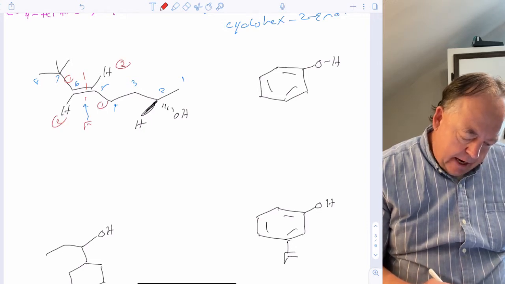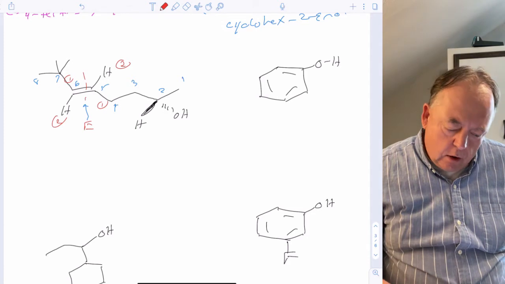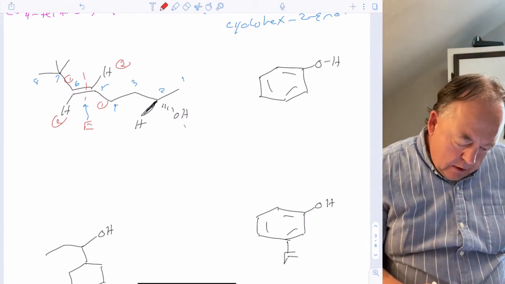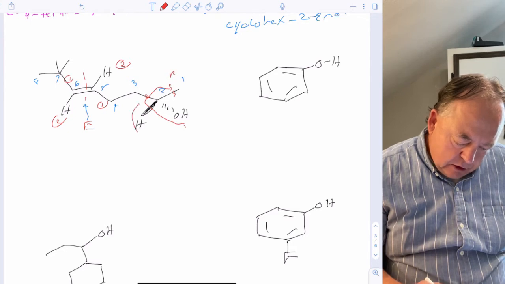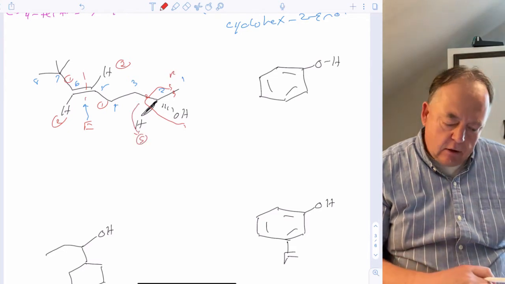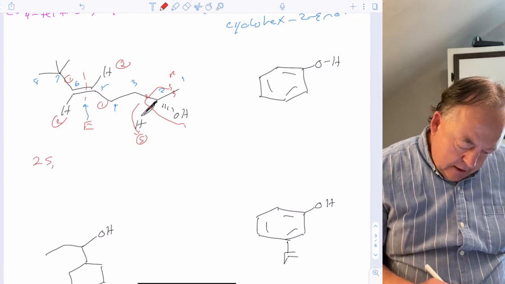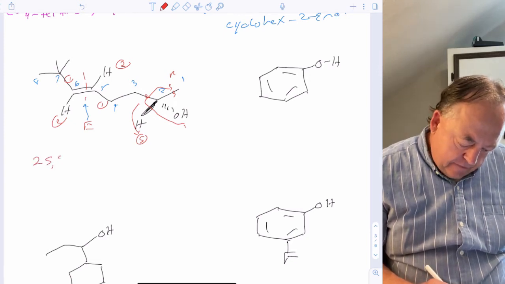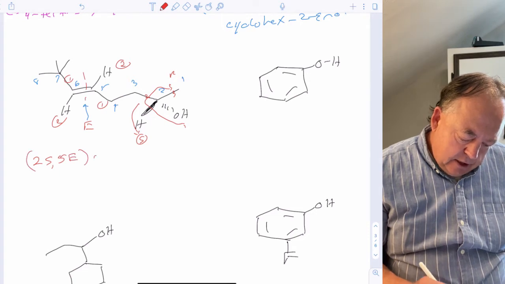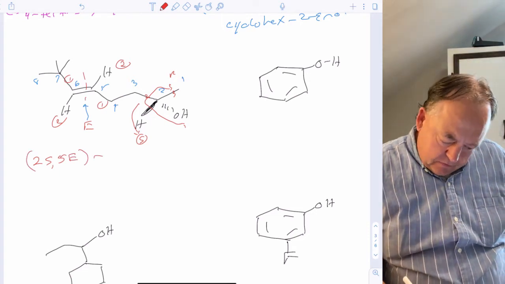So that's an E alkene. And in terms of the chiral carbon, that's priority 1, 2, and 3. 1 to 2 to 3 is clockwise, but 4 is on the solid wedge, so we have to flip the arrow, so that's counterclockwise. So this would be 2S, to take care of the chiral center, and 5E to take care of the stereochemistry around the double bond.